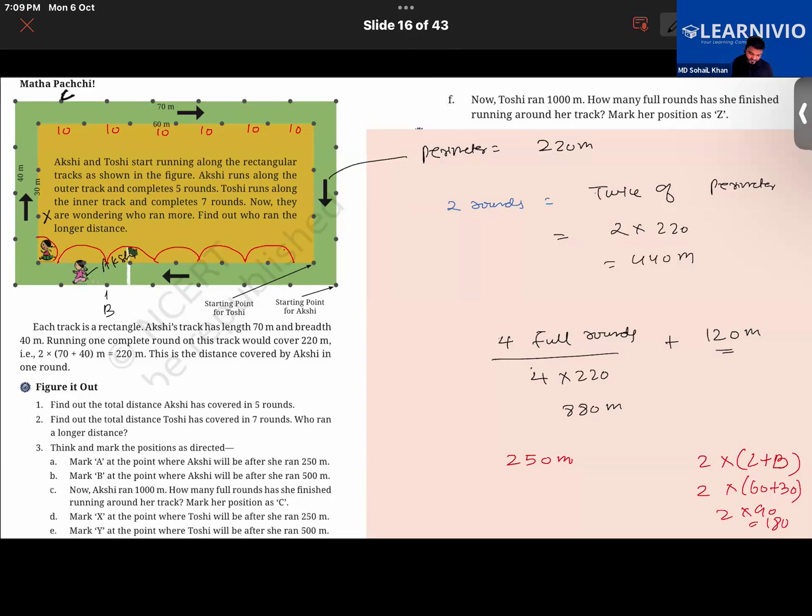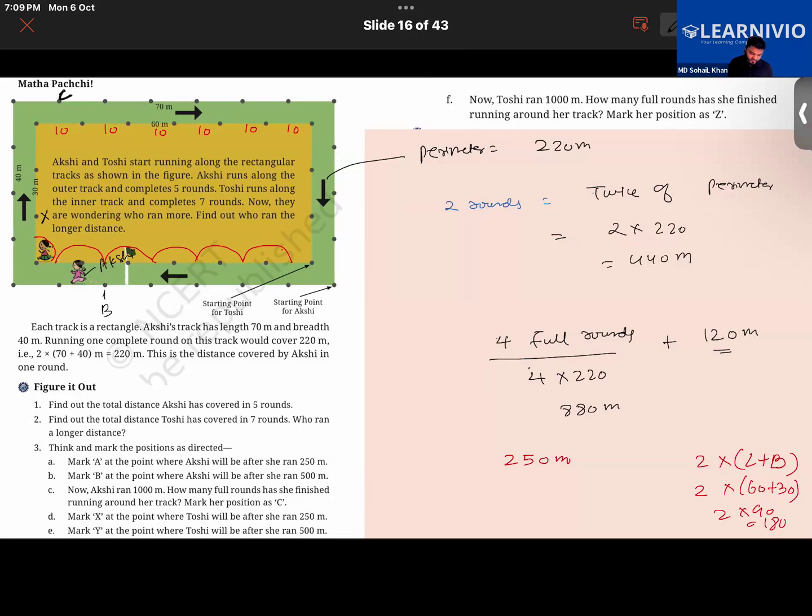Further says mark Y at the point where Toshi will be after she ran 500 meter. I'm talking about question number E. Mark Y at the point where she will be after she ran 500 meter.